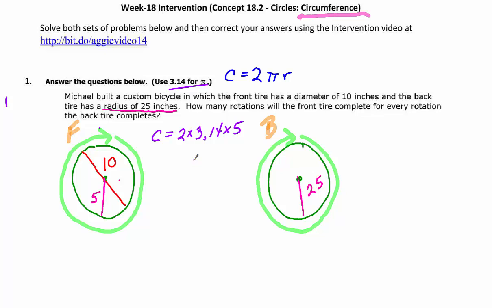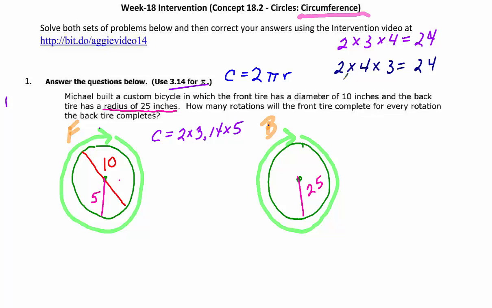If I do 2 times 4 times 3, 2 times 4 is 8 times 3 is 24. And if I did the 4 times the 3 first, I'd get 12 times 2, 24.